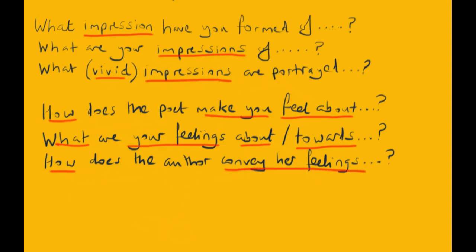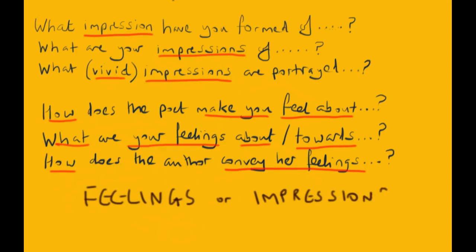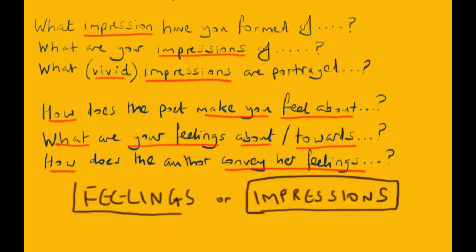Okay, so what you see here is the idea of feelings or impressions. And the reason I want to talk about this today in this particular tutorial is because I think these two things can cause some confusion about what exactly you are supposed to write when you're asked to explain these two different things. So we're going to have a look at that today.